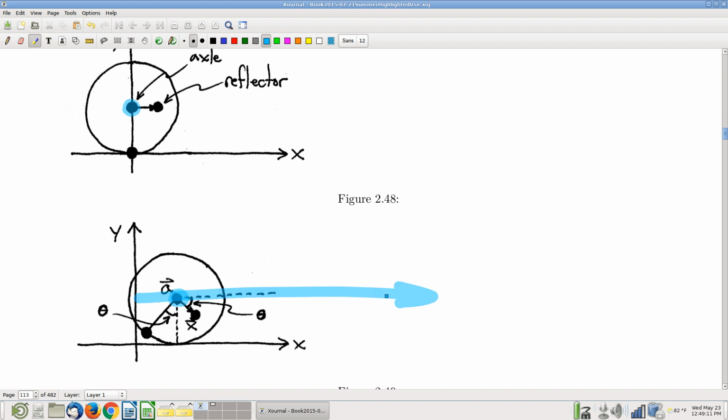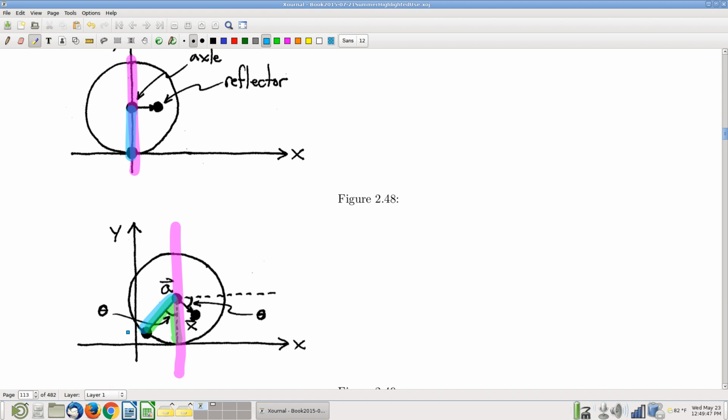I'm going to make a choice here, by the way, that'll seem odd at the moment, but work with me. My choice is going to be not to use time as my parameter. I'm going to use this angle as my parameter. Note that's the angle between the vertical and the point that was initially in contact with the road.